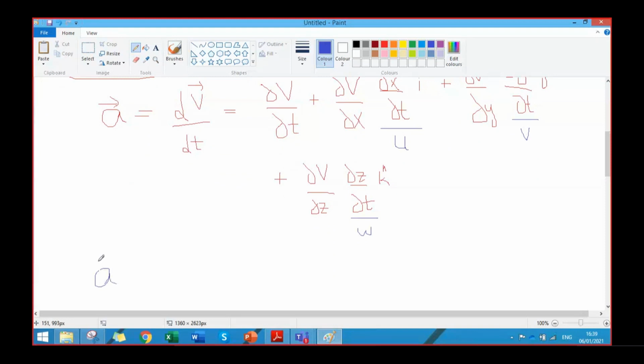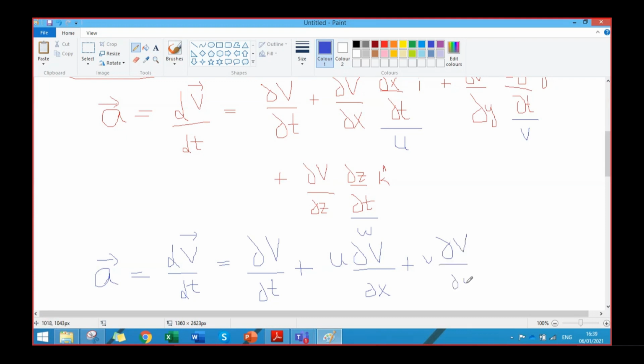So the acceleration is dV by dt, which is partial V by partial t plus u partial V by partial x plus v partial V by partial y, and then w partial V by partial z.